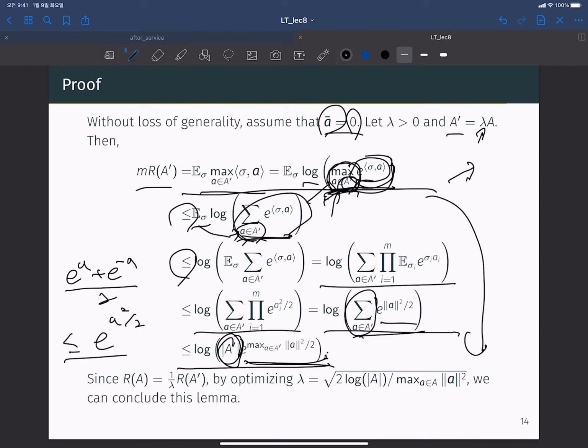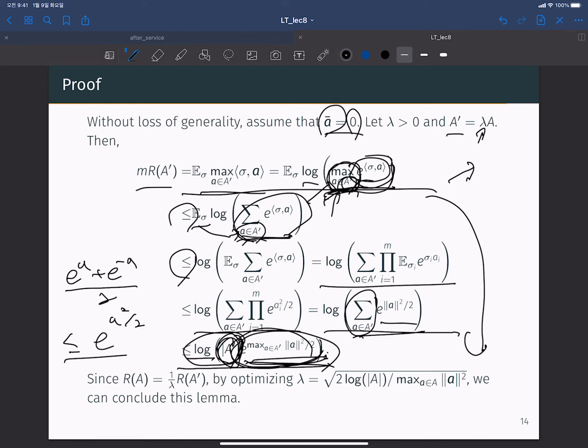It looks very loose, but when this part is very huge, log of this part plus log of this cardinality does not increase too much when this value is very huge. Then this simple trick does not make the bound too loose.